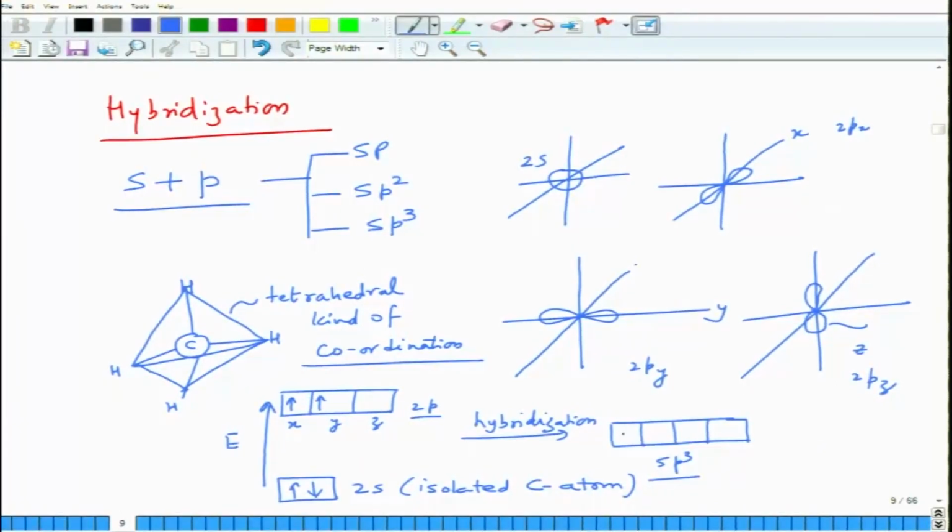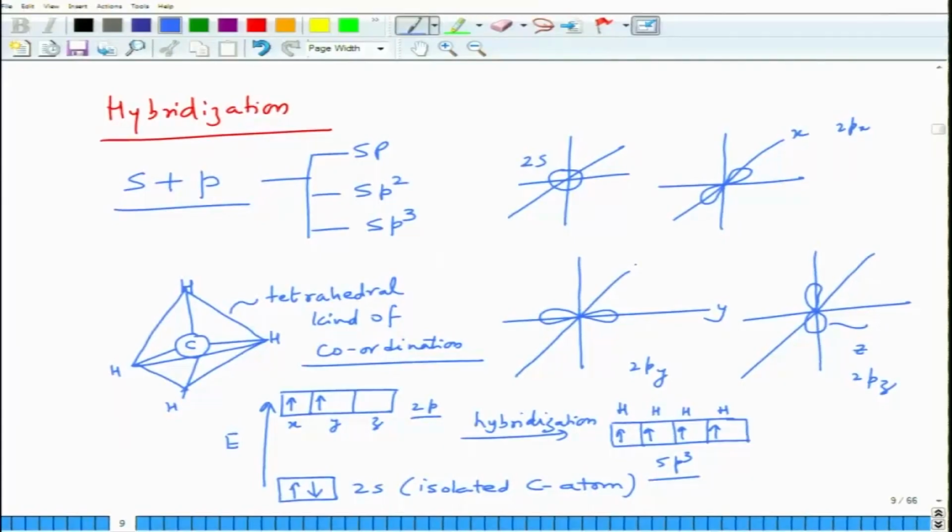So you have 4 electrons here, each of them remains unpaired in these ones. So this is what is orbital hybridization. So essentially now one hydrogen will come and attach to it. Another hydrogen will come and attach to it, this hydrogen will come and attach to this. This is how you will make a methane molecule.